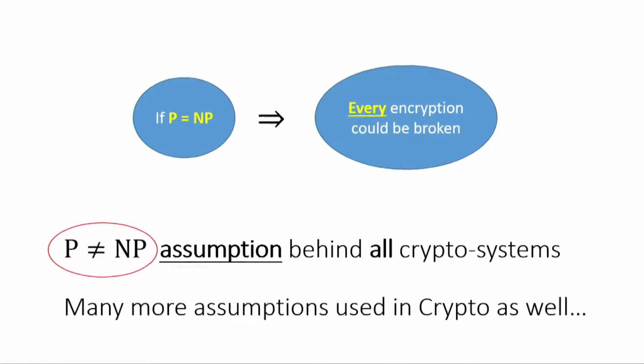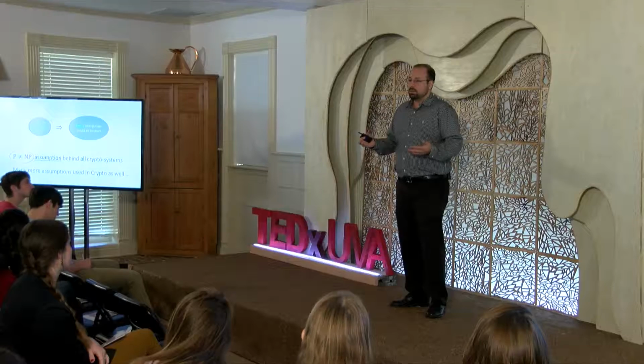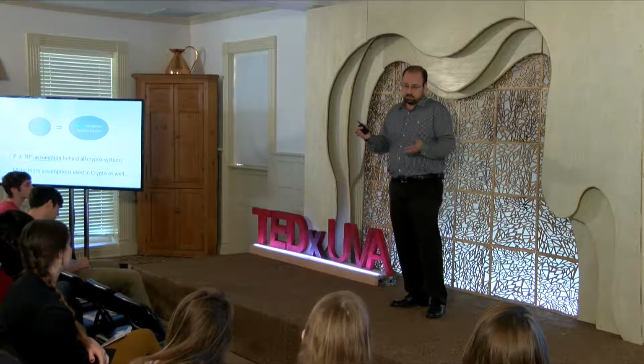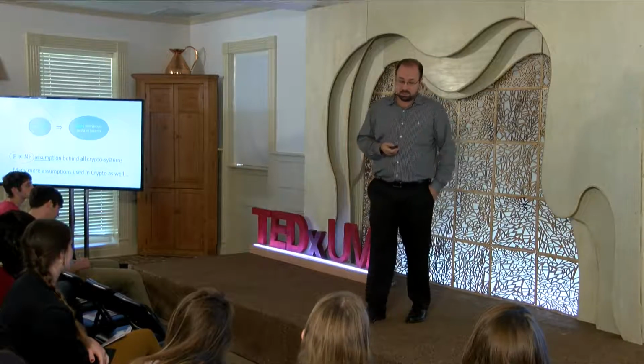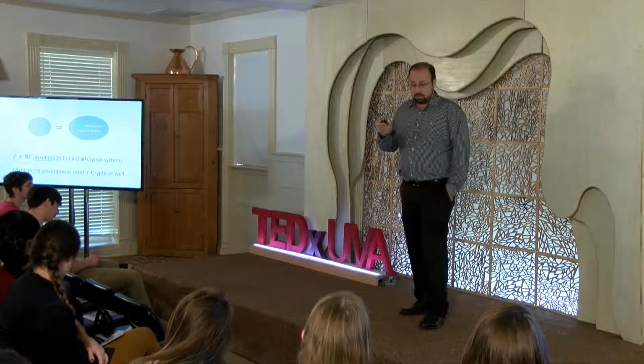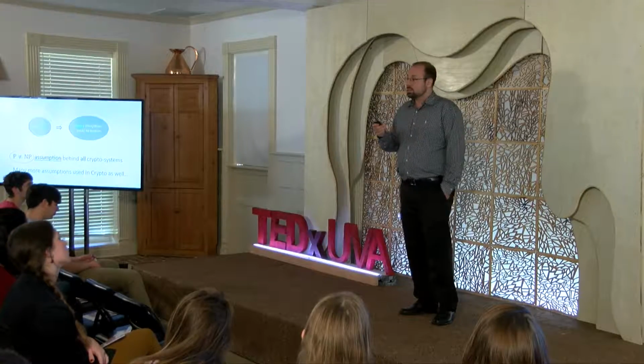In a way, I rephrase the situation. The assumption that P is different from NP is an assumption that we are implicitly making when we are using RSA. We are assuming that this problem is hard. There are, in fact, hard puzzles that we don't know how to solve mathematically, provably. The situation is even worse. This is not the only assumption that we use in cryptography.